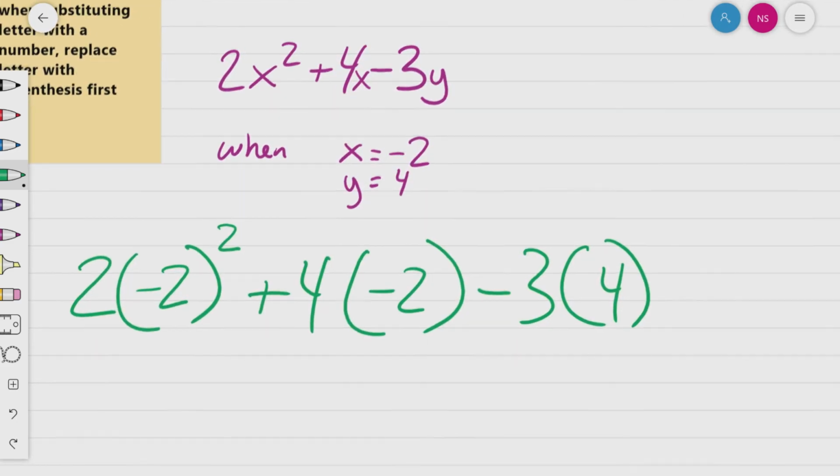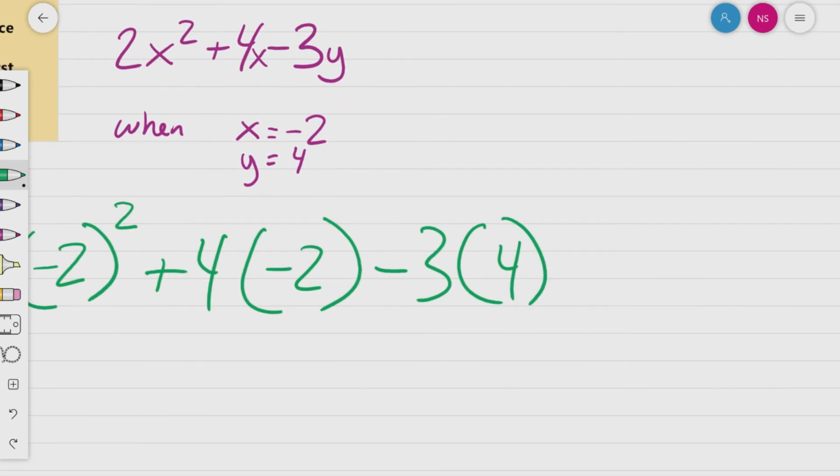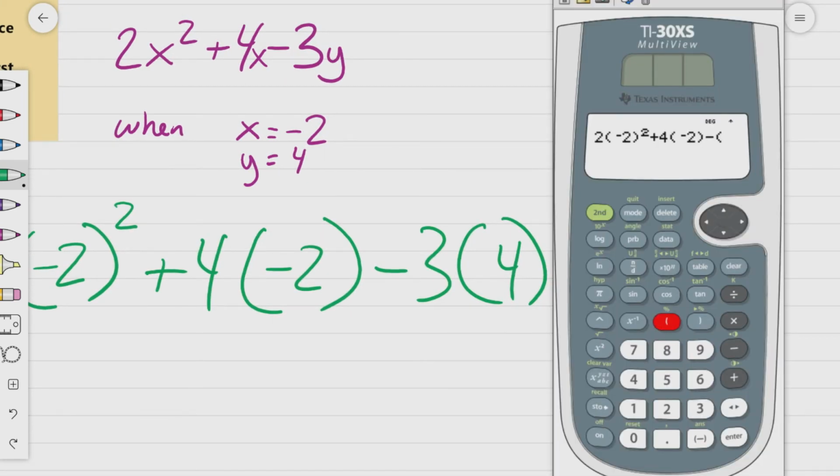What do I do now, folks? You whip out that calculator and you dump in the problem. So 2 parentheses -2 parentheses squared plus 4 parentheses -2 parentheses minus, I'm sorry, no, delete, minus 3 parentheses 4 end parentheses.